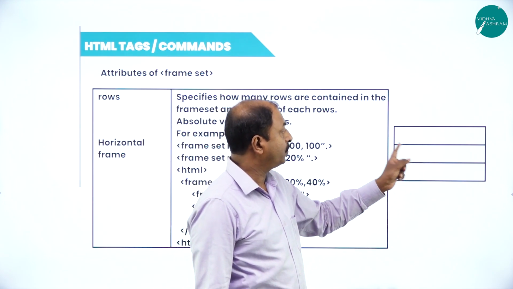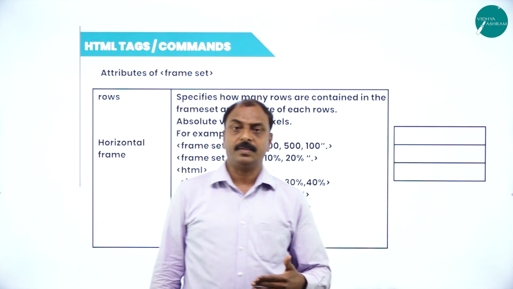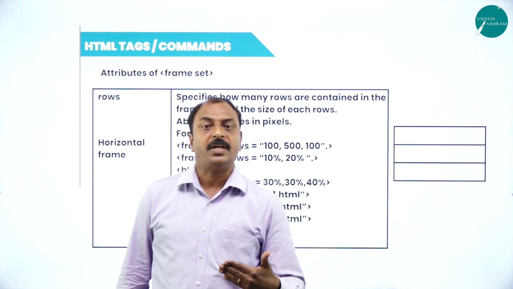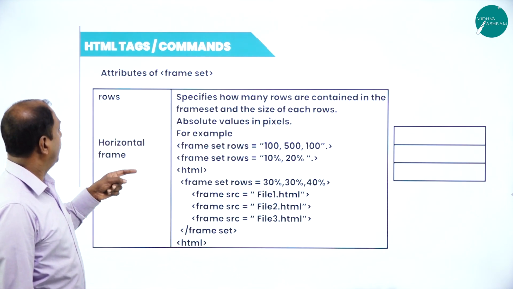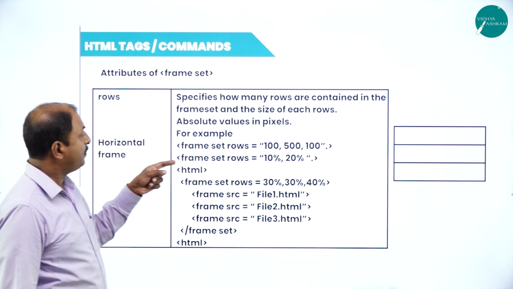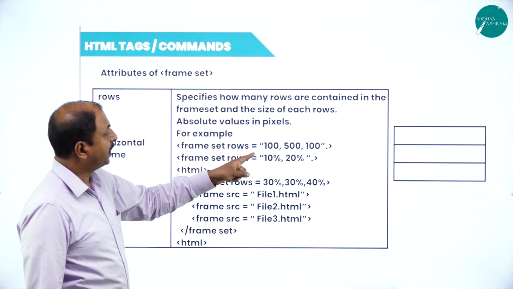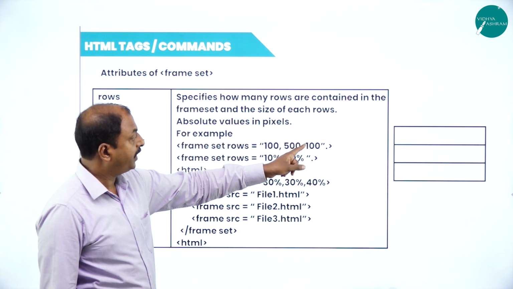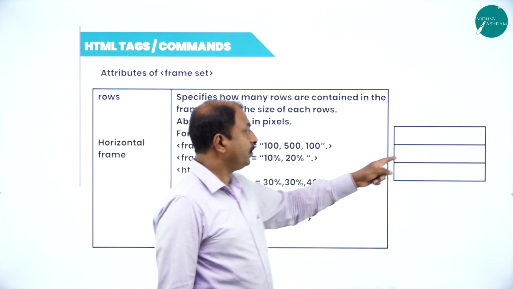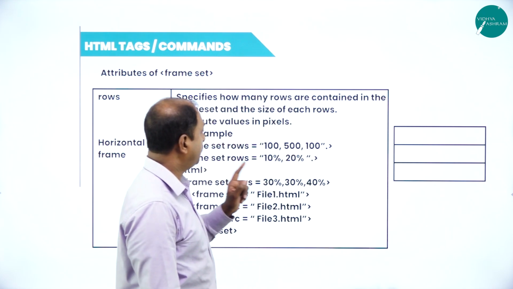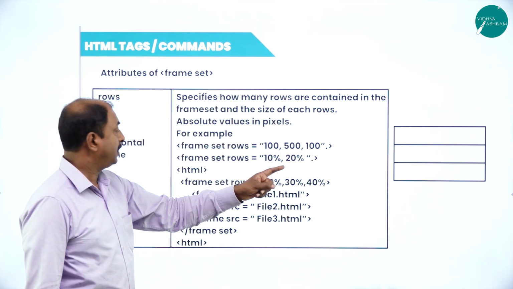This is divided into three rows, nothing but three sections or three frames. Look at the syntax. This is horizontal frames. Frameset rows equals 100, 500, 100. There are three values, so it will be divided into three rows or three sections horizontally.